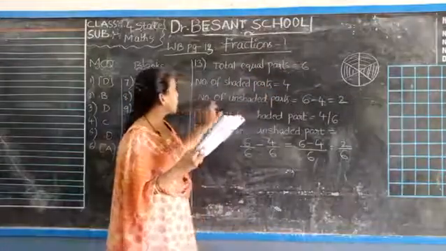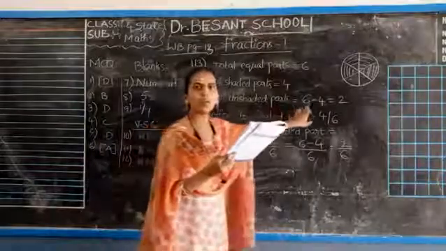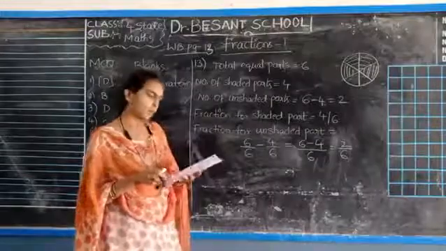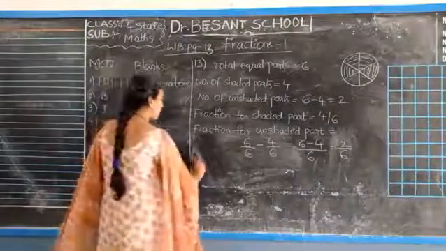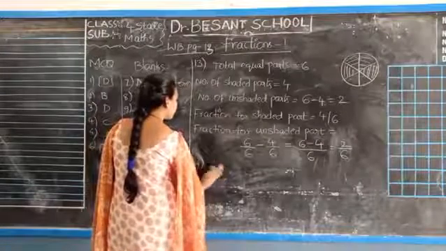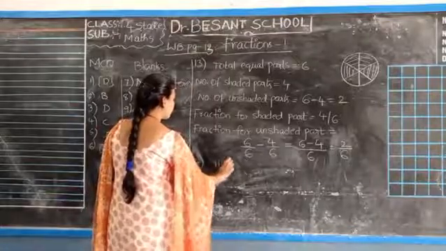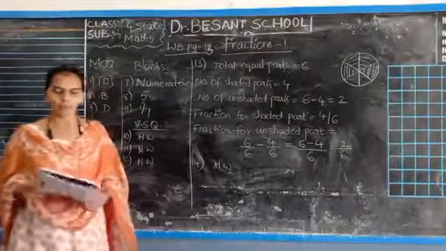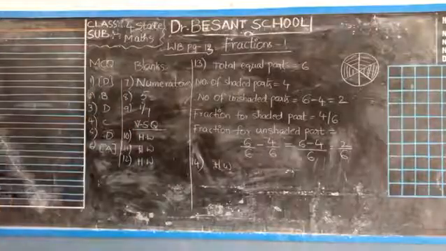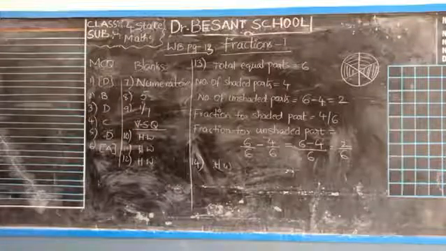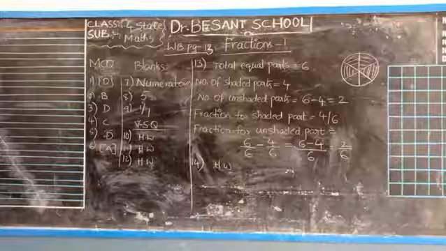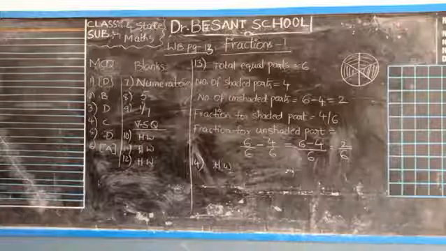Number of unshaded parts is equal to 12 minus 10, you will get 2. Like this, do the working and complete the 14th one. I am giving the 14th one as homework. Similar to the 13th one, write the working for the 14th one. I am also sending you the PDF files, so you can observe the PDF files and answer it. Next.